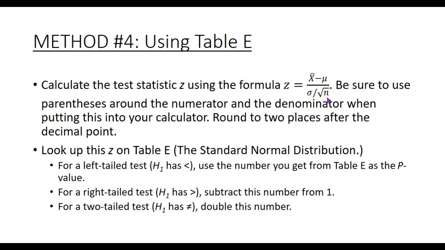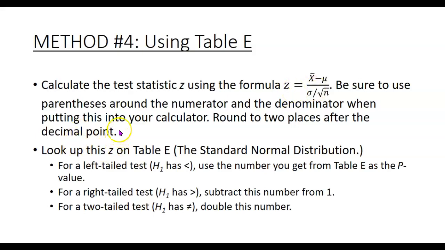We've used that formula before. You saw it in section 6.3. When you put that into your calculator, be sure you use parentheses around the numerator and around the denominator. And whatever number the calculator gives you, you're going to want to round that to 2 places after the decimal point. So that will be what step 2 asks you to find, the test value.